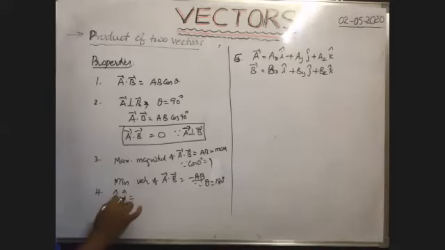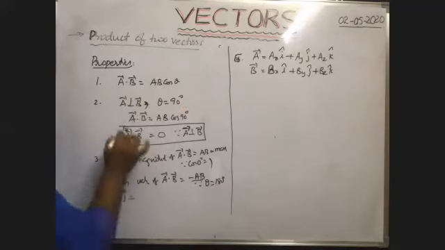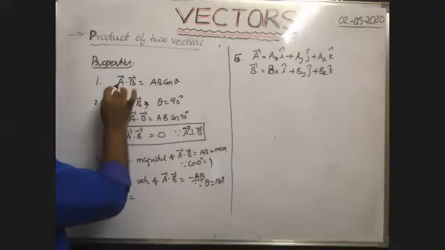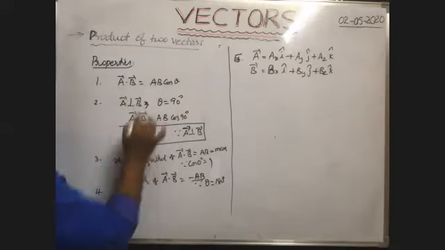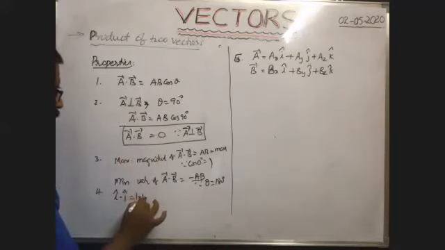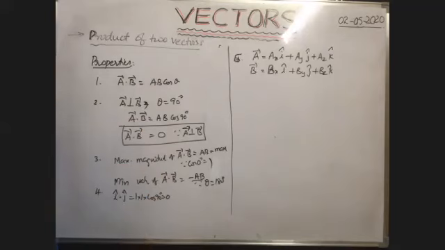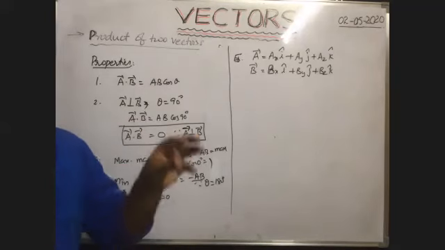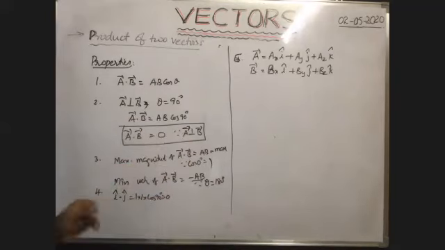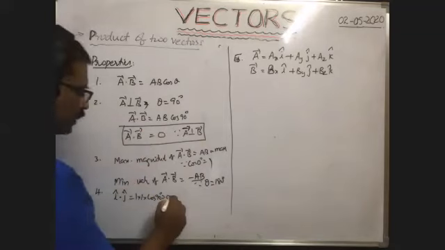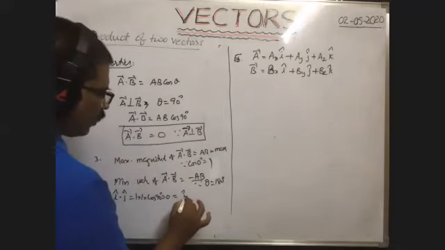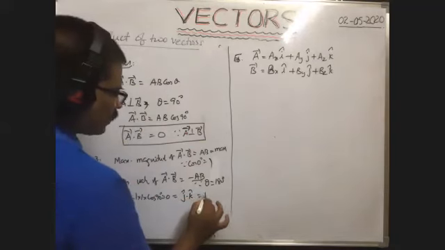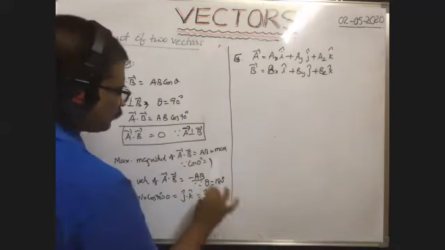Apply the formula: i cap dot j cap is equal to magnitude of i cap, 1, into magnitude of j cap, 1, into cos of the angle between i cap and j cap. I cap is along the x axis, j cap is along the y axis. That's why it is 90, then it is equal to 0, no? That means dot product between two dissimilar unit vectors is 0. Therefore, this is also equal to j cap dot k cap, also equal to k cap dot i cap.